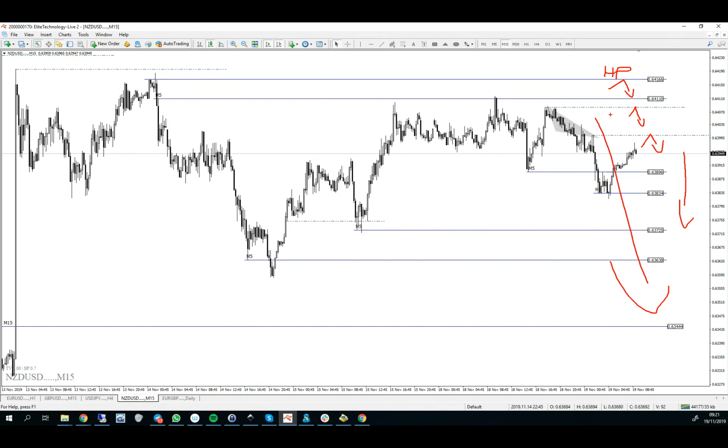But if in our profile we're looking for high accuracy, we should wait for this. If we want to take more risk, we can try to take these levels below and start riding for lower lows. So this is what happened for the kiwi.